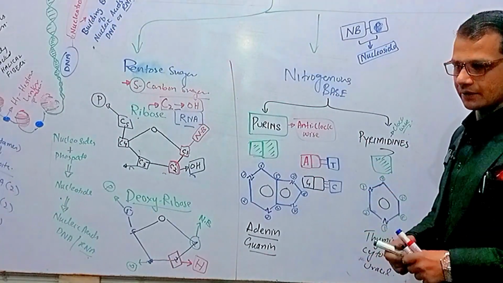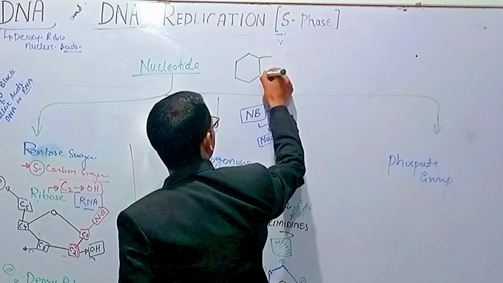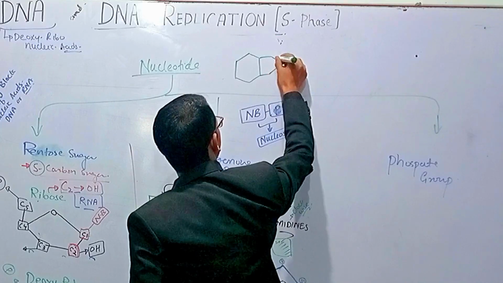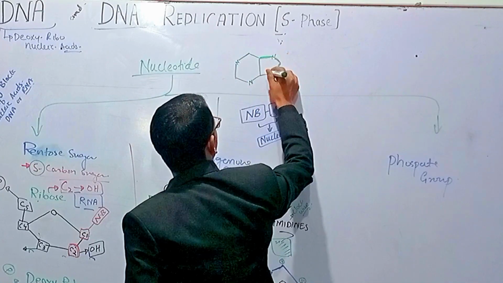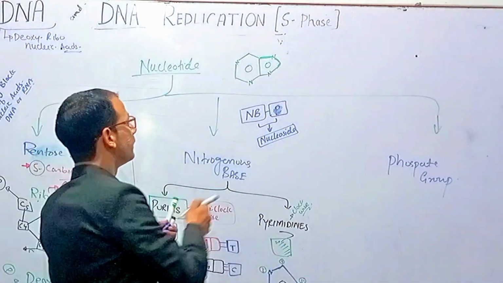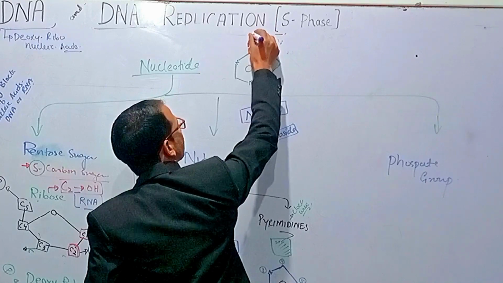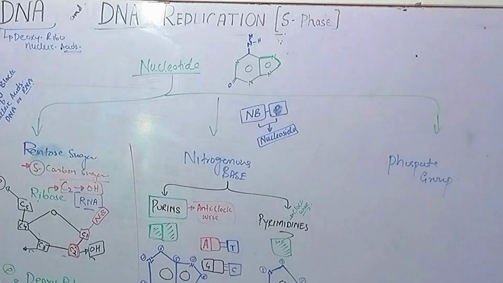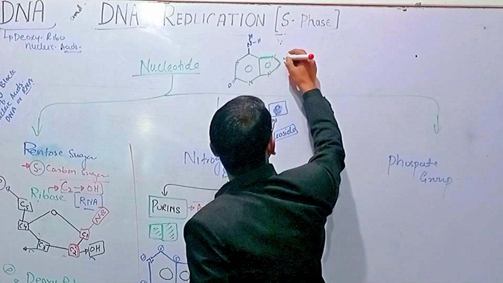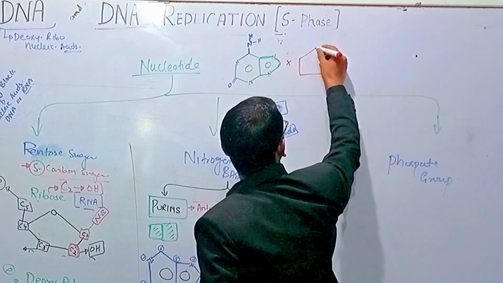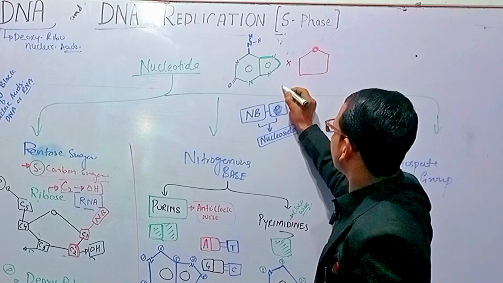For example, if we take adenine, with its nitrogens, and bind it with ribose sugar, it will form a nucleoside.